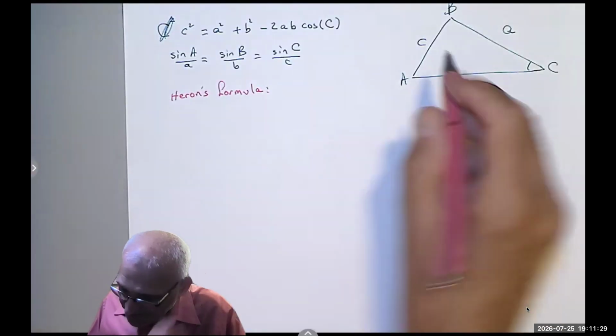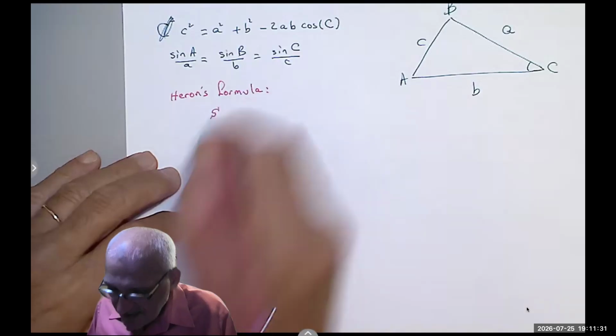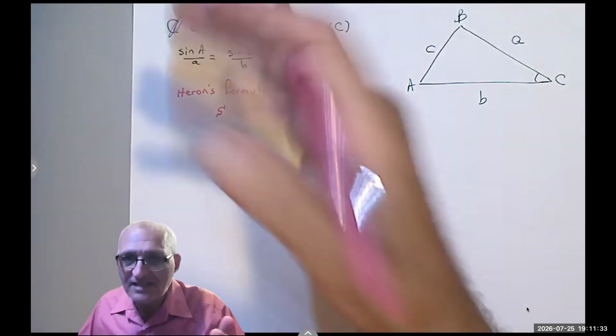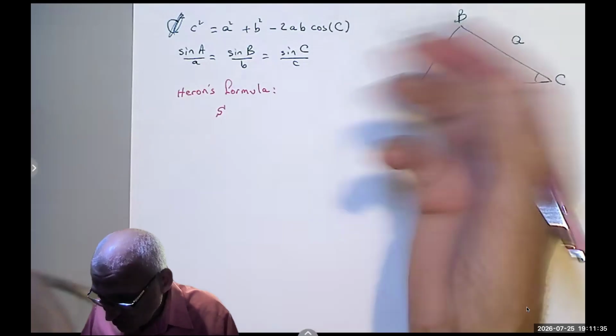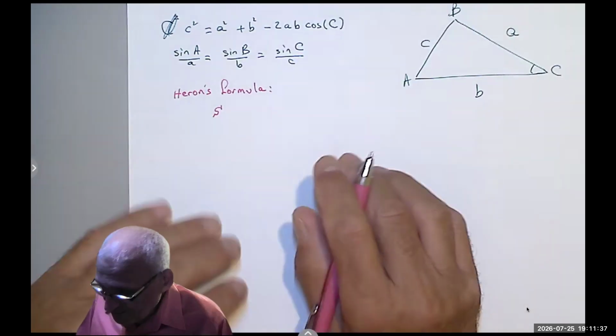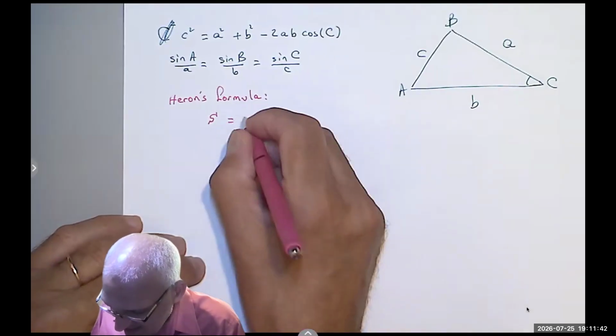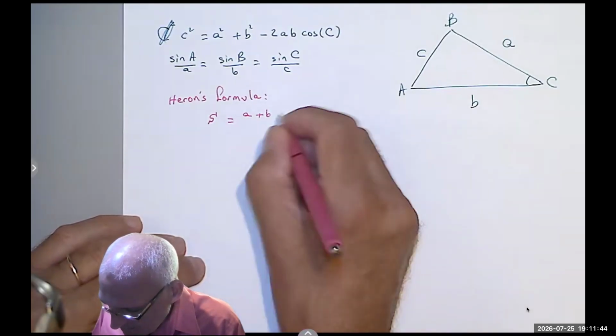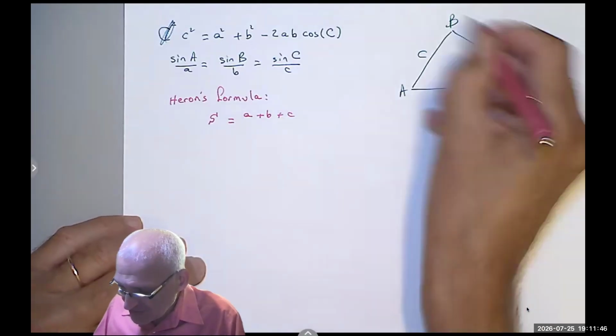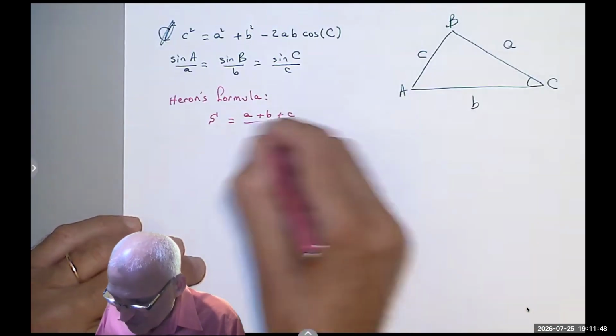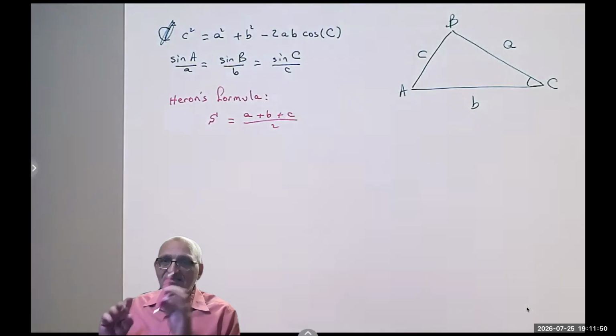It says calculate half the perimeter, and let's call it S. I prefer to call it S. I don't know why. Maybe that's how it was presented to me when I was a kid. S is A plus B plus C, that's the circumference of this triangle, over 2. So you get this value.